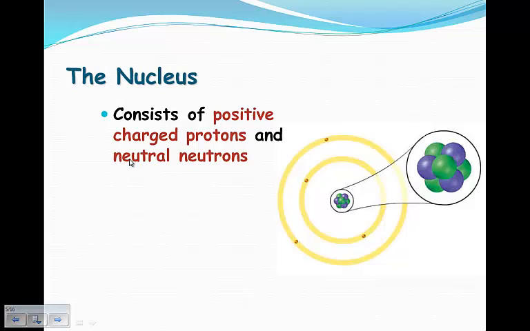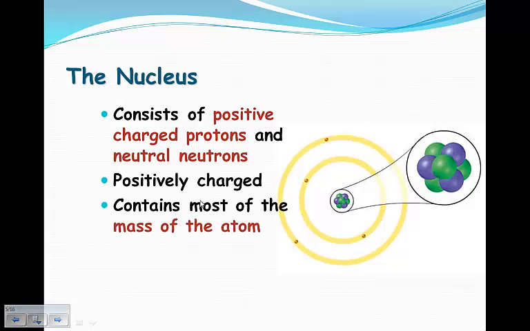Because there are positives in there and neutrons with no charge, the nucleus is going to be positively charged. And the nucleus contains most of the mass of the atom. Remember, that's the amount of matter, and most of that is in the nucleus.